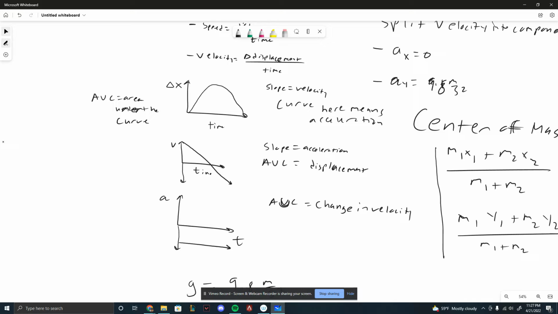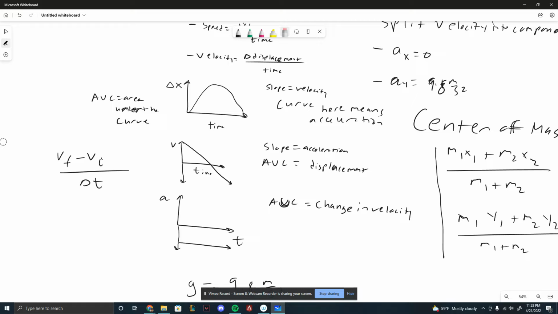But once we move to our velocity versus time graph, we'll see our slope will become acceleration because that is the change in velocity over the change in time, and that is what acceleration is. The area under the curve would be velocity times time, which is equal to displacement because velocity is equal to delta x over t. So there's that.